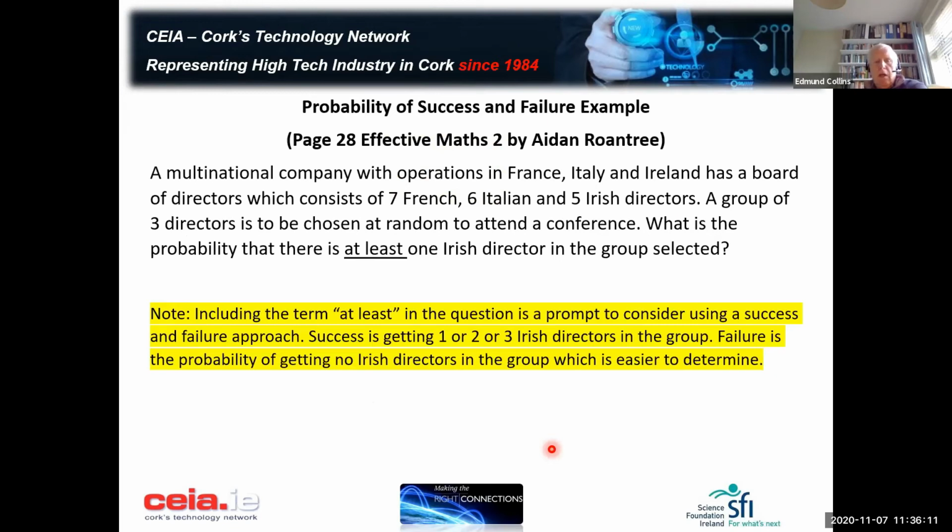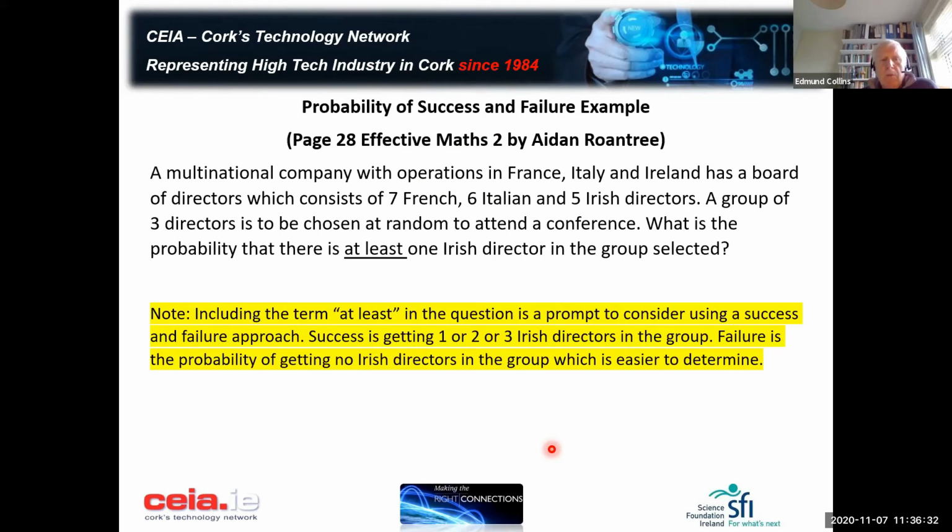So this is an example of using this success and failure, again from Effective Maths 2.